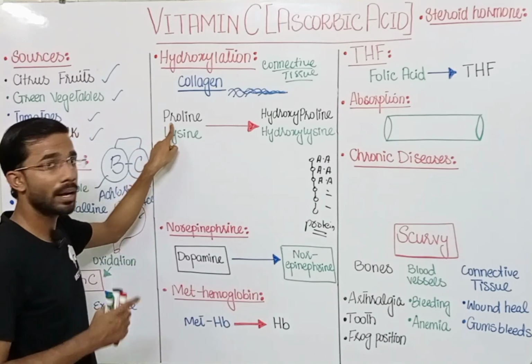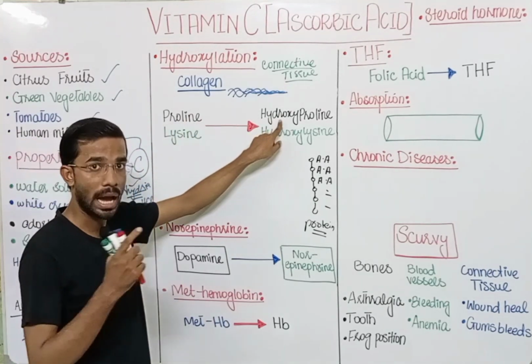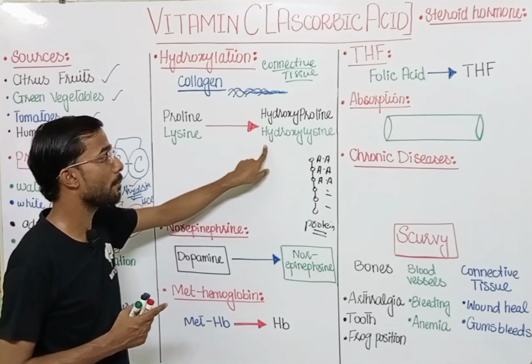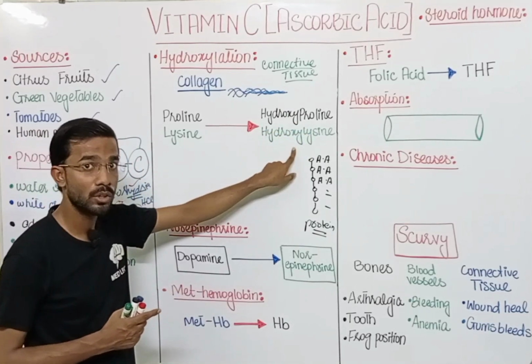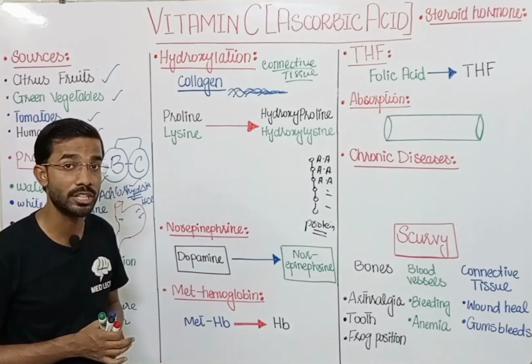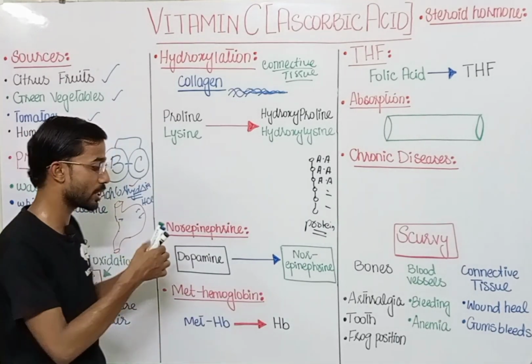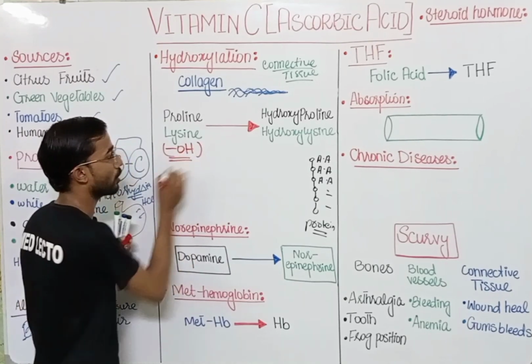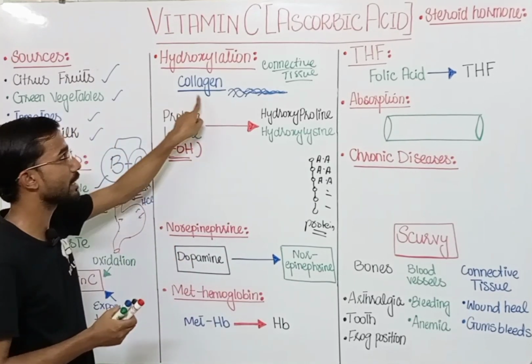Proline gets hydroxylated to hydroxyproline. Lysine also becomes hydroxylysine, through the process that is hydroxylation. In hydroxylation you will see just the addition of a hydroxyl group to the amino acid, and that amino acid is present in the collagen.